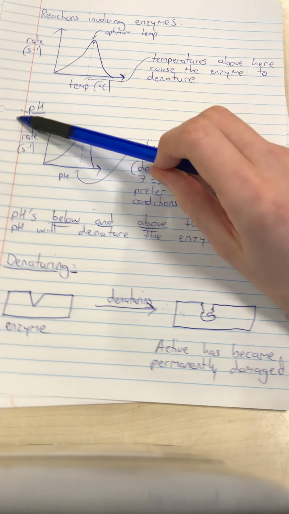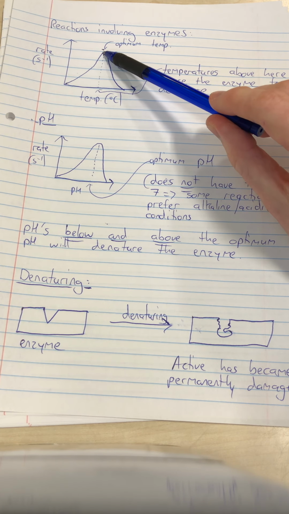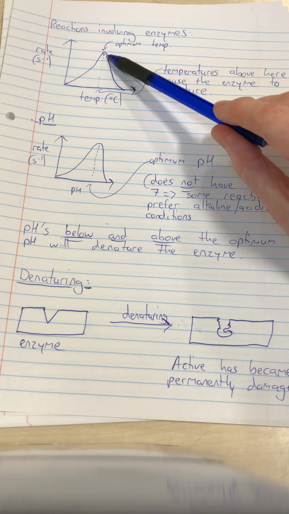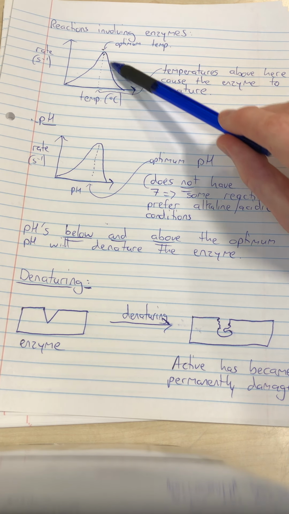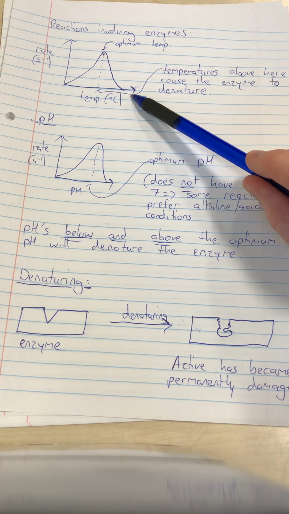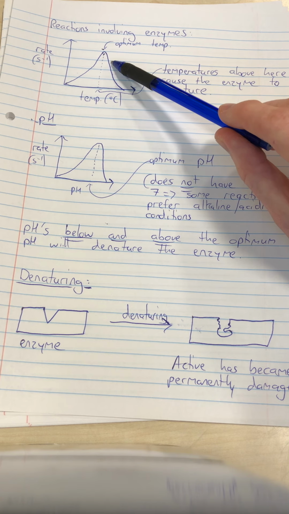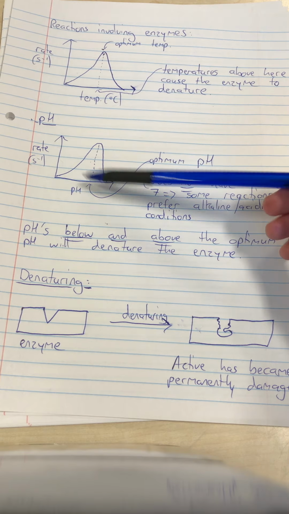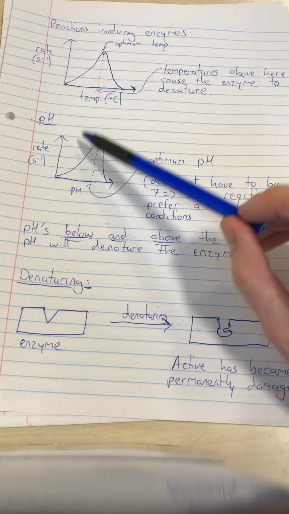We're not going to be able to reverse that. So this is what happens here. The rate goes up to the optimum temperature where the enzyme is most active, and then any temperature above that optimum, it denatures it. Once we're at this point, it's game over. We can't go back. Think of a ball going down a hill. The minute you knock that ball over, it's just going to keep falling. pH is identical to temperature.